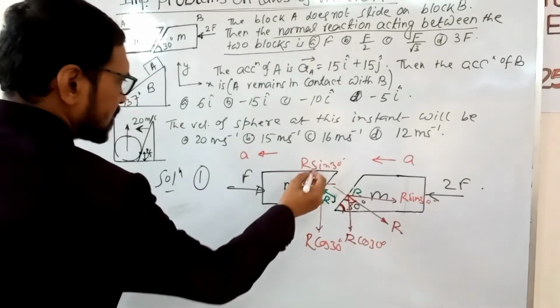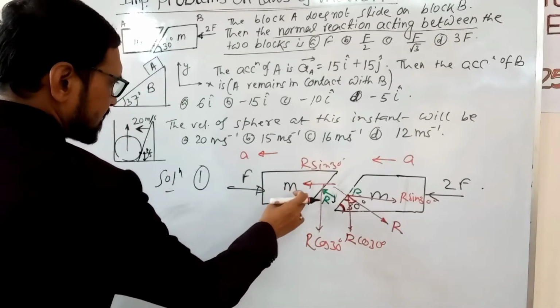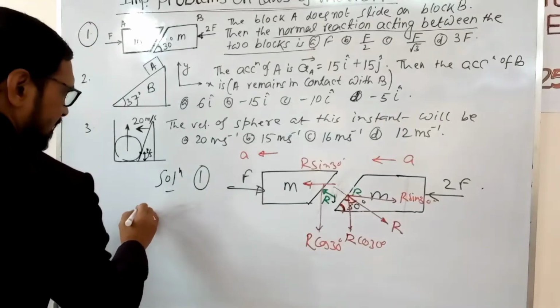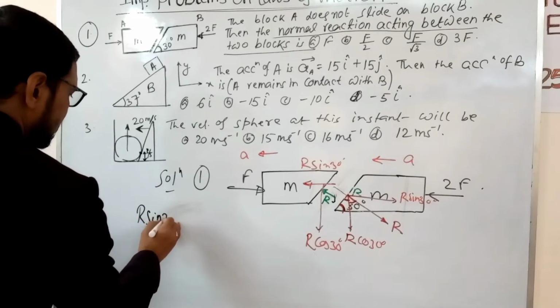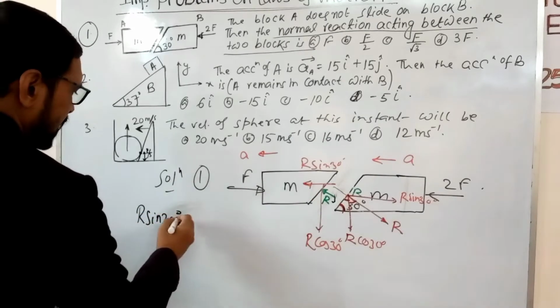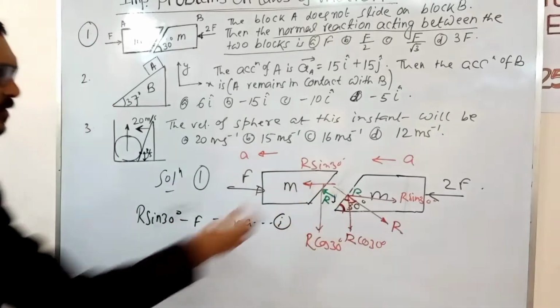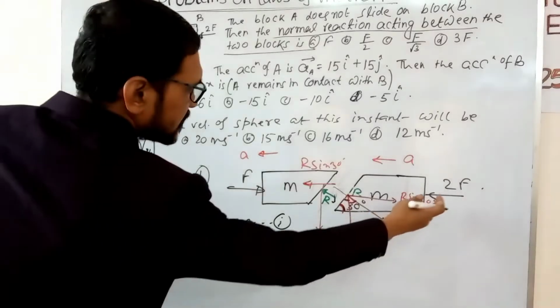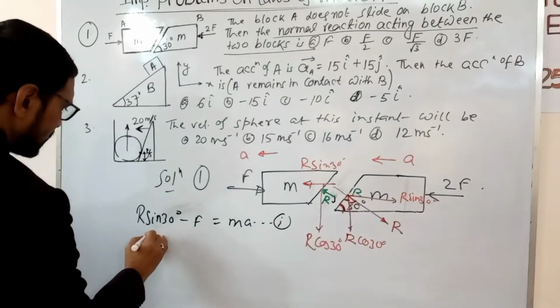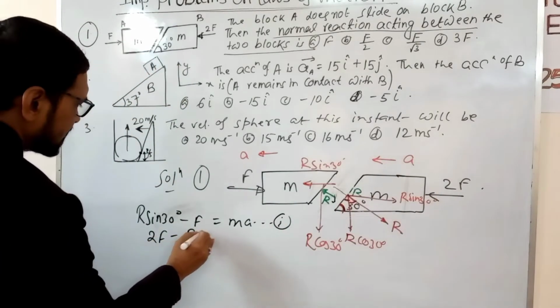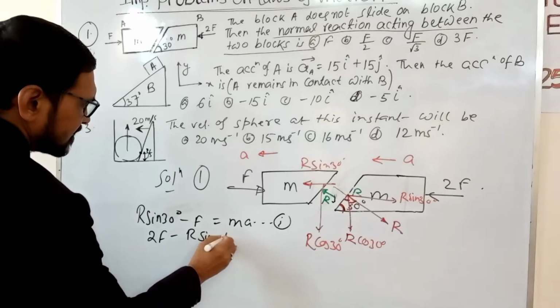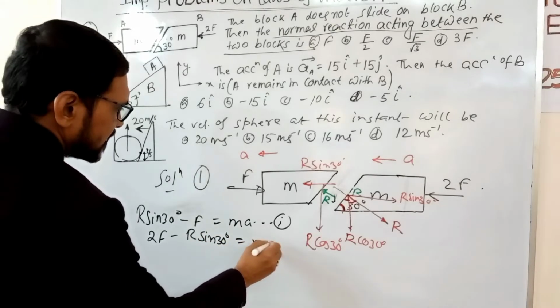Two forces act in this direction, so for the left block, R sin 30 minus F equals MA, this is equation 1, and for the right block the equation will be 2F minus R sin 30 equals M into A.